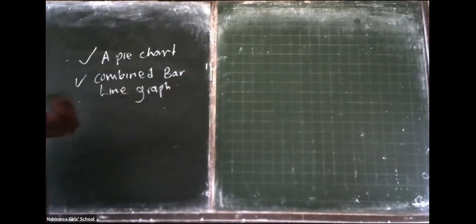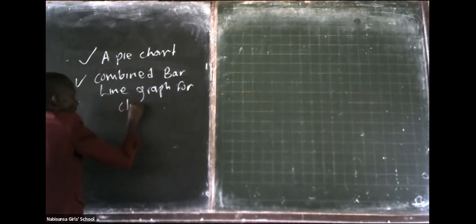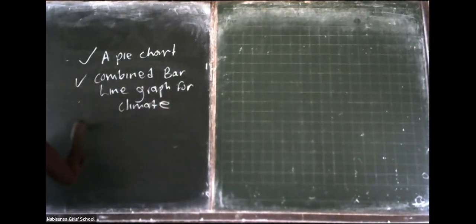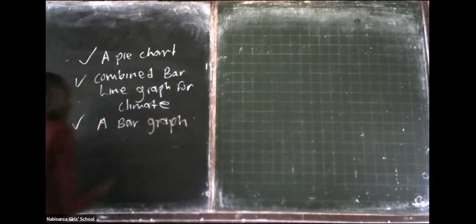Especially, this one is for climate. For climate, you combine the bars and the line graph in the same thing. Then we have a bar graph for human geography. Then also we have a line graph.